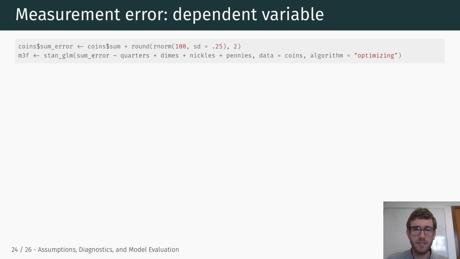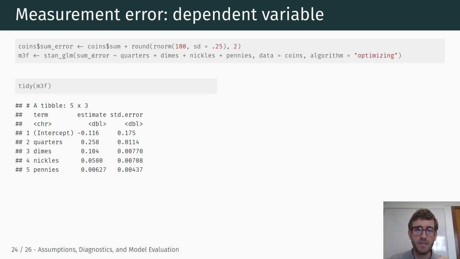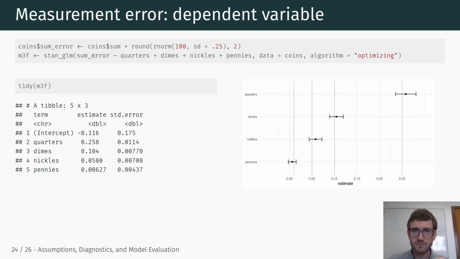And then we're estimating a sixth model using the new dependent variable with increased measurement error to examine whether that has an impact on our estimates, right? And it turns out measurement error on the dependent variable doesn't induce any bias in any of our estimates, right? Pennies, nickels, dimes, and quarters are still estimated around their true value.